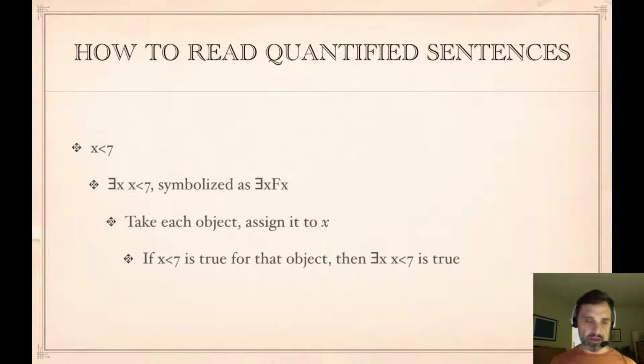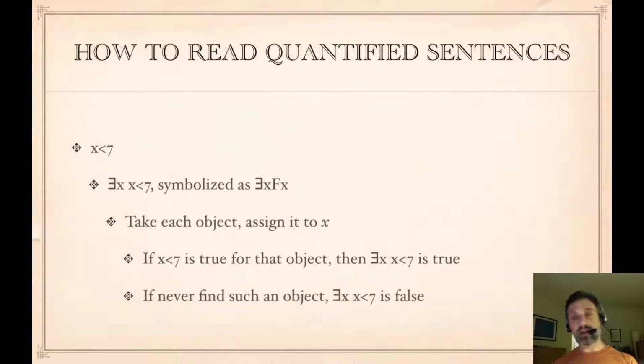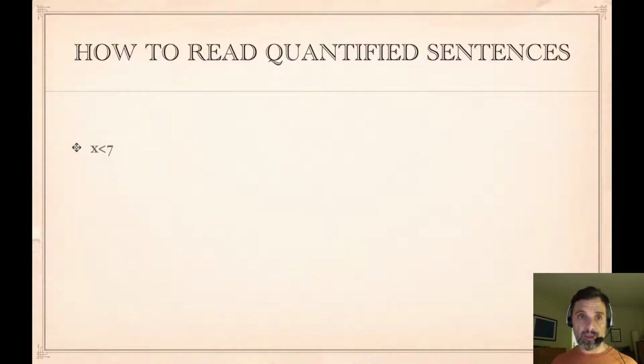And if we find an object where, when we assign it to x, x is less than 7 comes out true, then ∃x x is less than 7 is true. But if we do that for each object and it never comes out true, then we say that ∃x x is less than 7 is false, or ∃x F(x) is false.